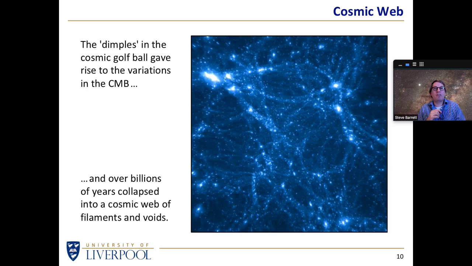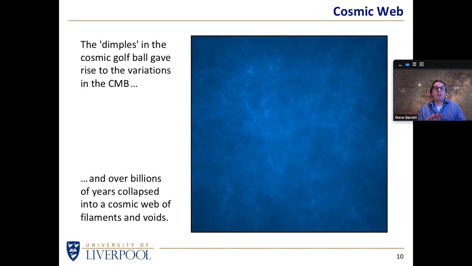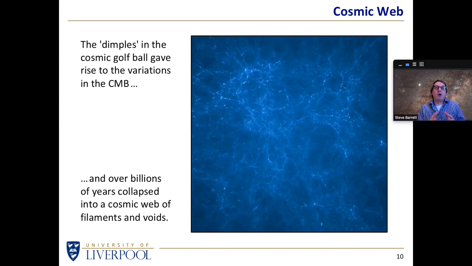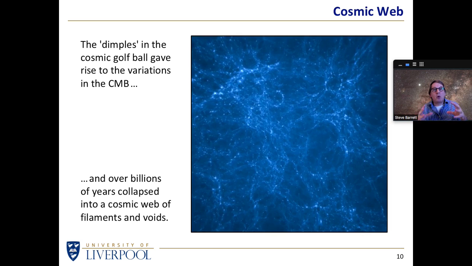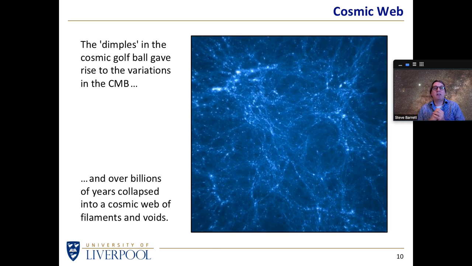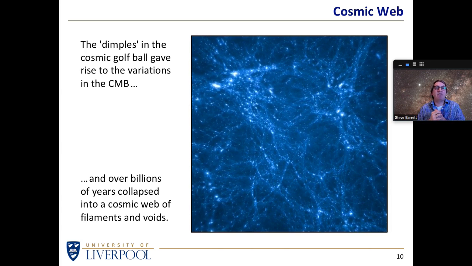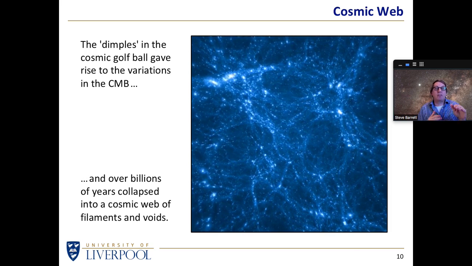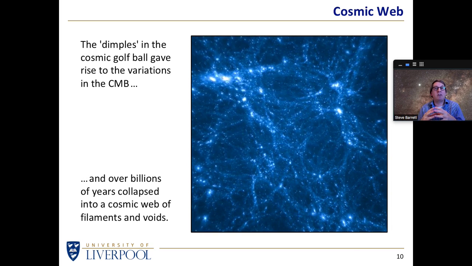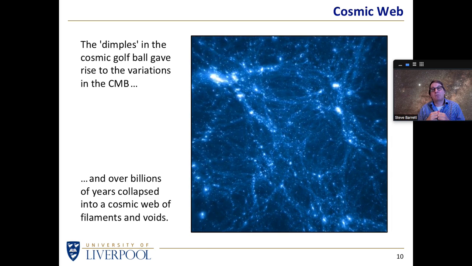Let's just watch that happen again. We start from something fairly uniform, and then over perhaps a few billion years, we see the density increasing in certain regions and decreasing in other regions because of the variations that existed very early on in the universe.